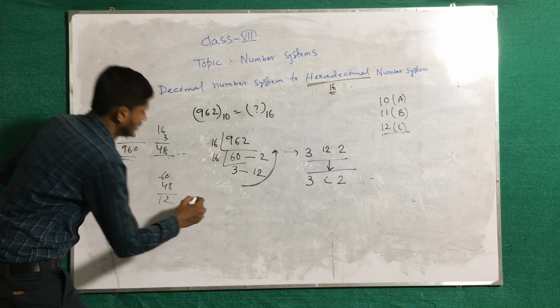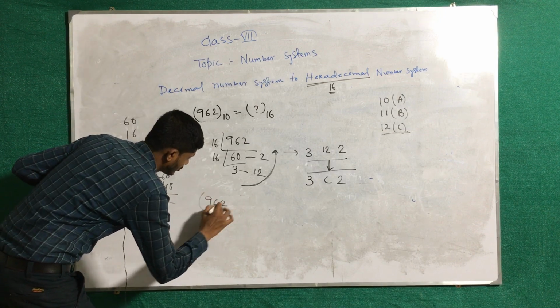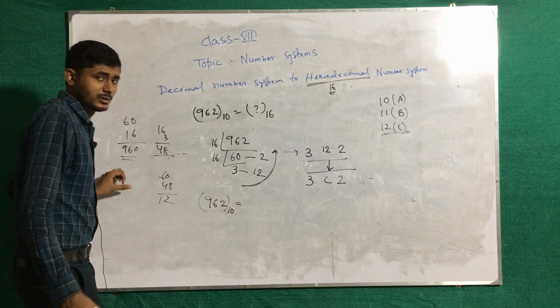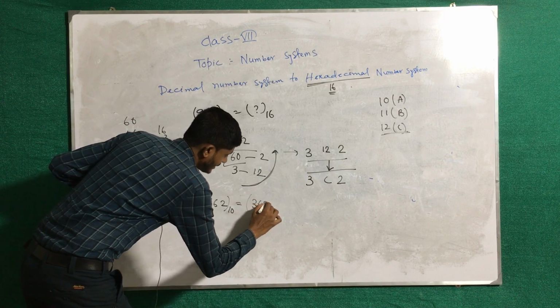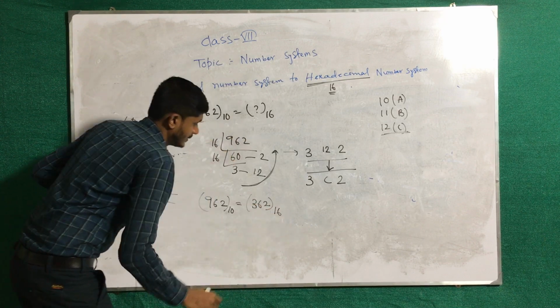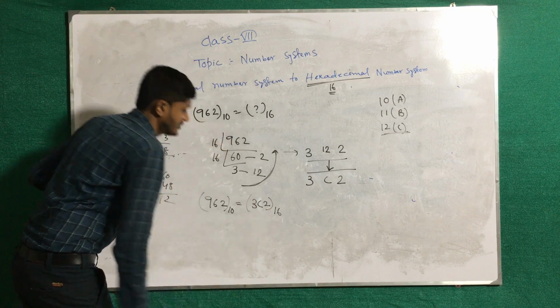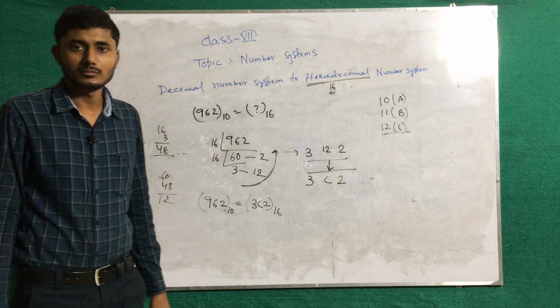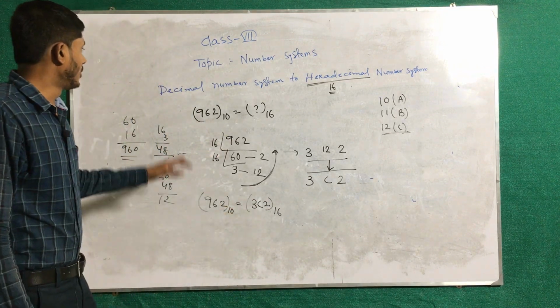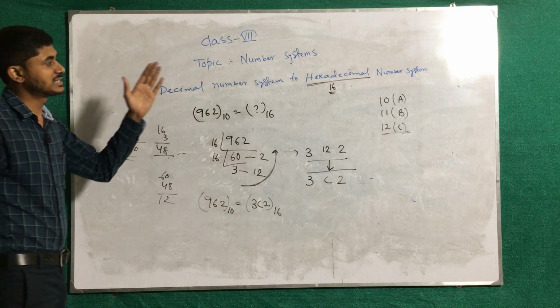So, the answer for 962 base 10 is 3C2 base 16. This is the actual example of how to convert a decimal number into hexadecimal form.